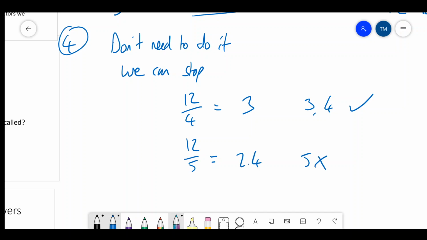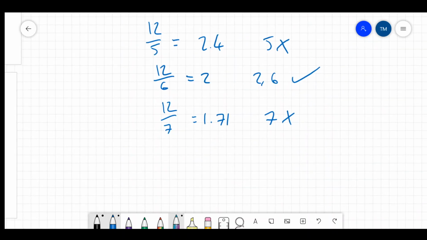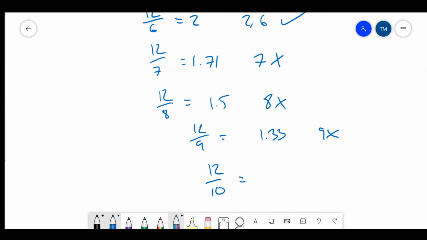So we know 5 is not. 12 divided by 6 is 2, so we know that 2 and 6 are, but we already knew that. 12 divided by 7 is 1.71, so we know that 7 is not a factor. 12 divided by 8 is 1.5, so we know that 8 is not a factor. 12 divided by 9 is 1.33, so we know 9 is not a factor. 12 divided by 10 is 1.2, so we know that 10 is not a factor.